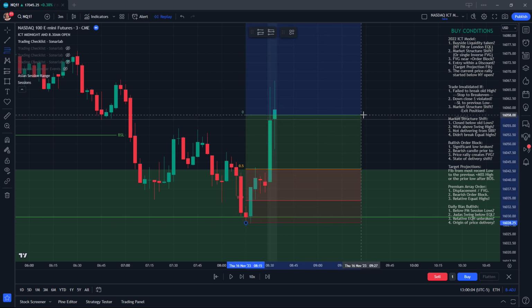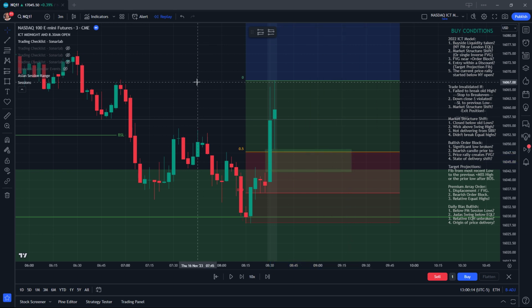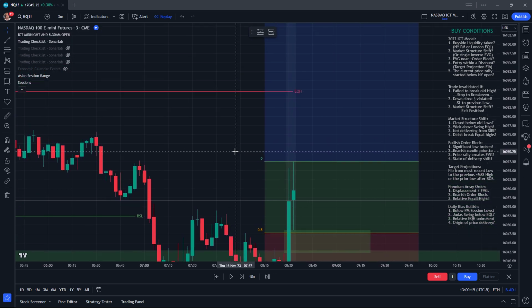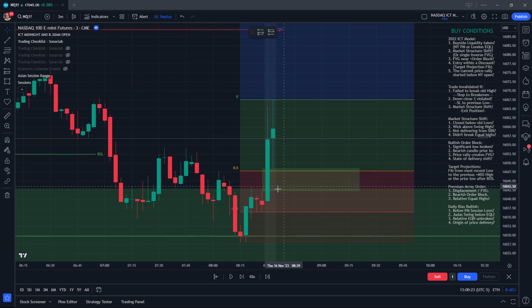fib. We're using this to try and figure out where our discount area would be. So we've got this here, and we're using the low to the high to get our discount area.